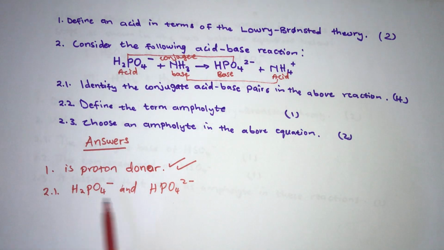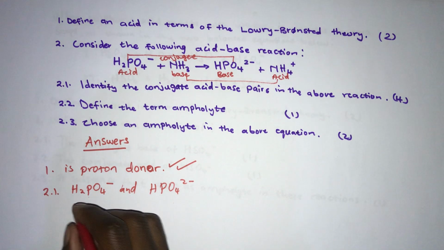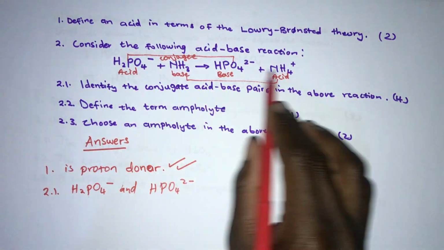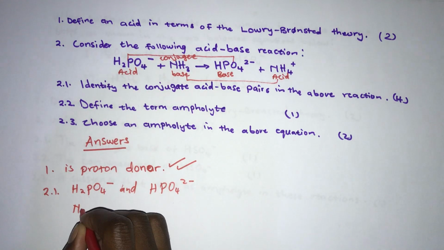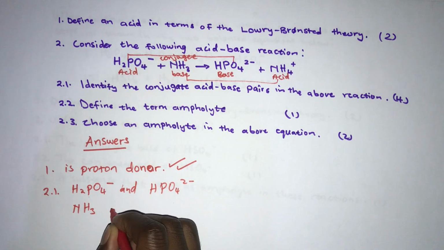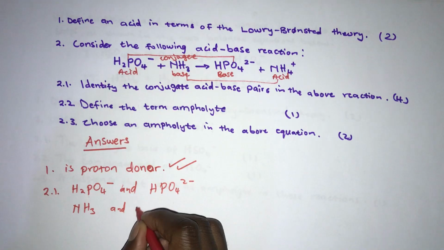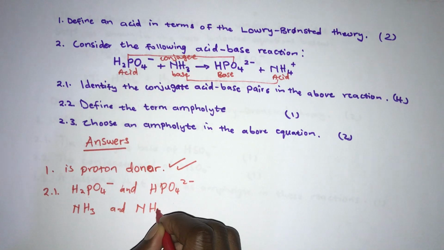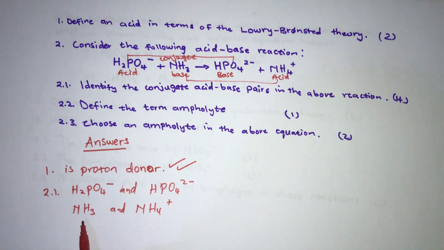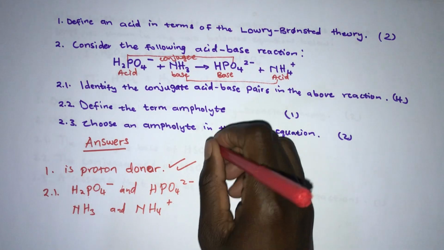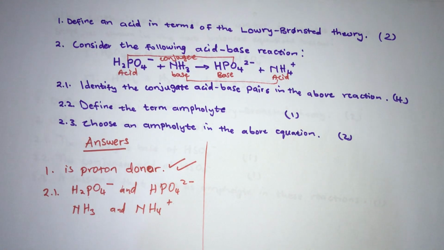It was an acid, it became a base. So this one was a base, it became an acid. That means it's a conjugate pair of that one. So it's NH3 and NH4 plus. So it was a base, it became an acid. Just like that. So, okay, I'll just use this base for number 2.2 and 2.3.